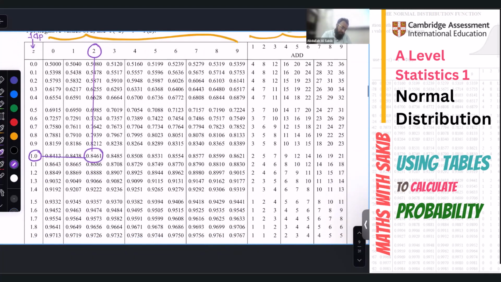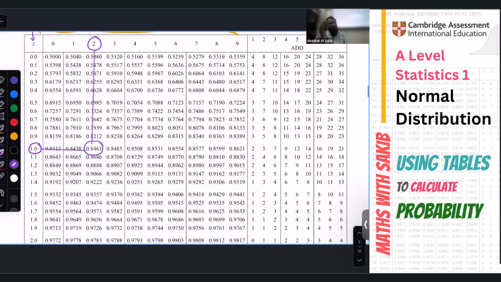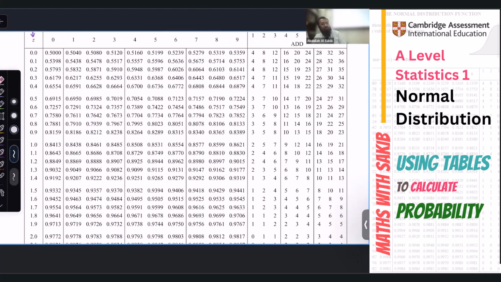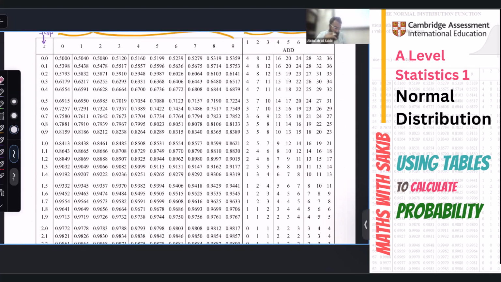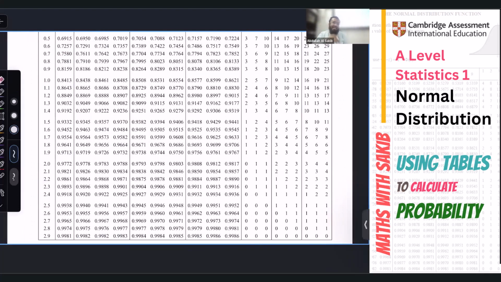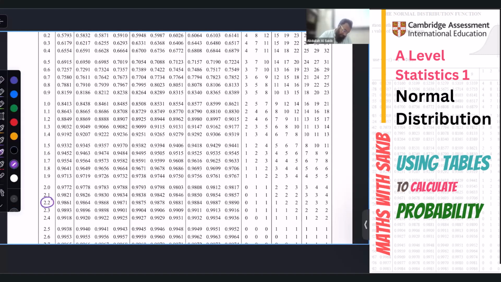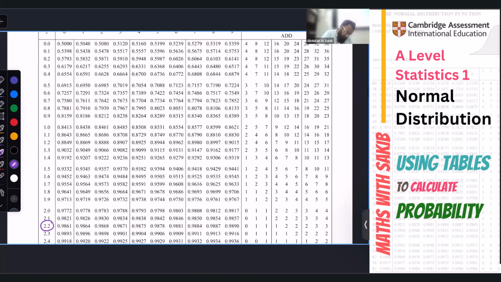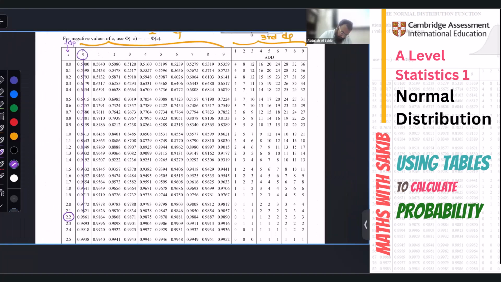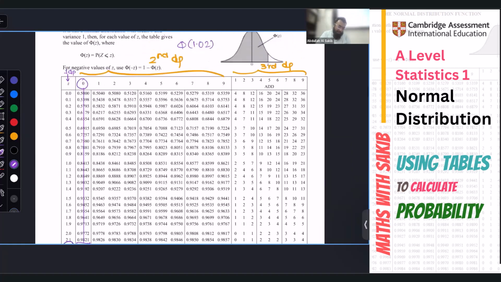So what will be the answer? First go to 2.2, then on the second decimal place go to 0. So what will be the answer? 0.9861, isn't it? So this is my 2.2 and this is my 0. So this is my answer, 0.9861. Is it okay? Clear?